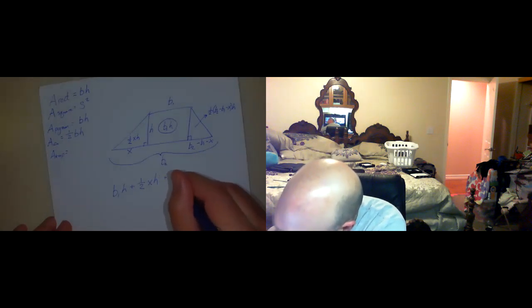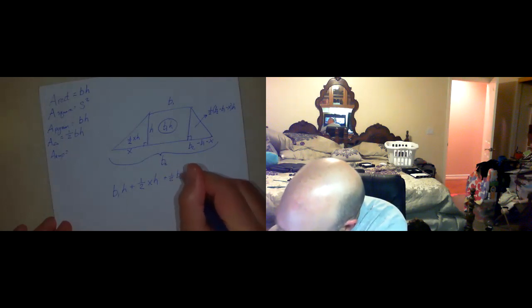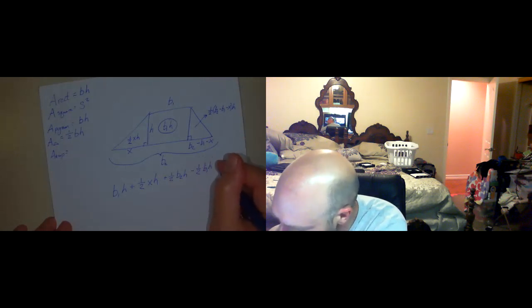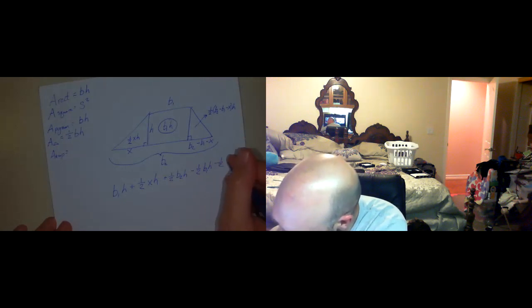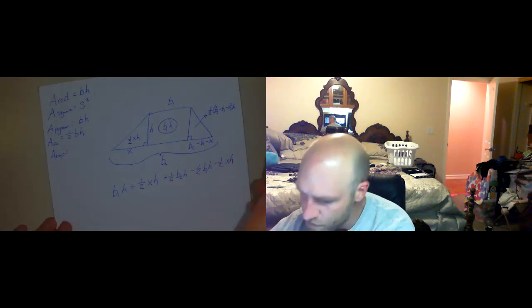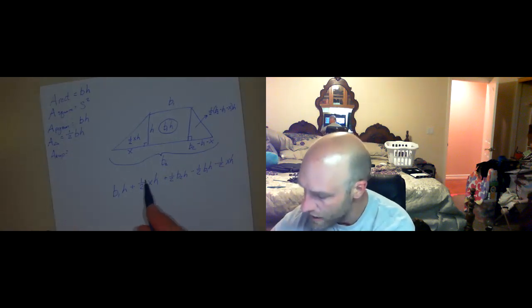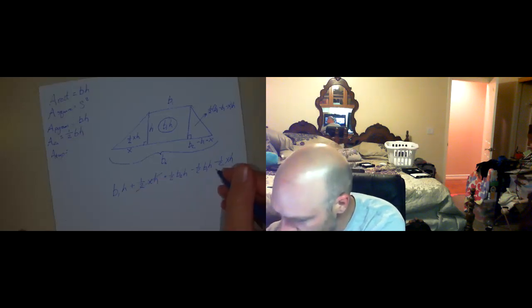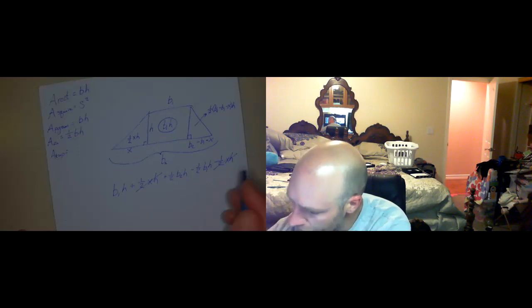So I'd have a plus 1/2 b2h minus a 1/2 b1h and minus a 1/2 xh. Well, remember when I said that the x didn't matter? Here I have plus 1/2 xh. Here I have minus 1/2 xh. Those two things cancel one another out.